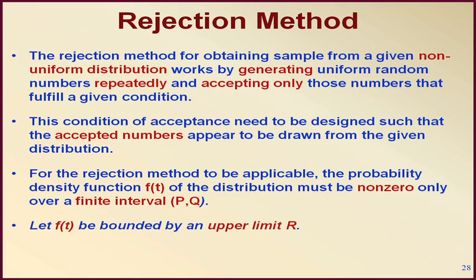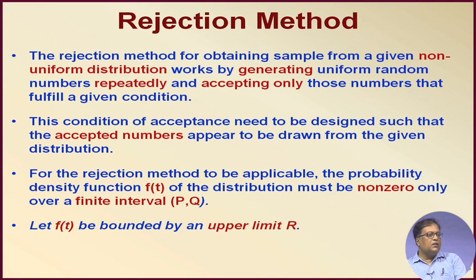A rejection method for obtaining a sample works by generating uniformly distributed random numbers repeatedly and accepting only those numbers that fulfill a given condition. The condition of acceptance needs to be designed such that the accepted numbers appear to be drawn from the given distribution.